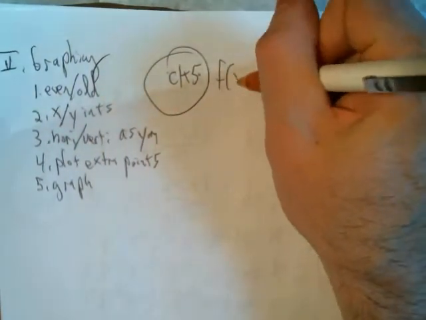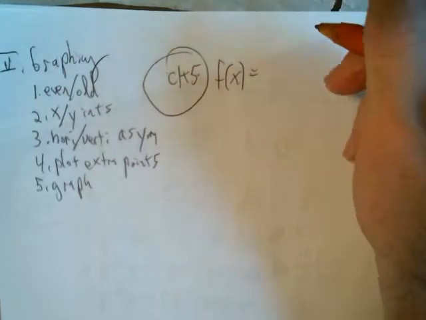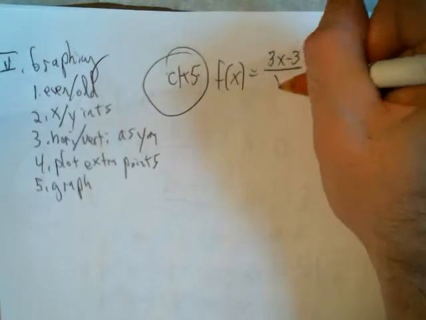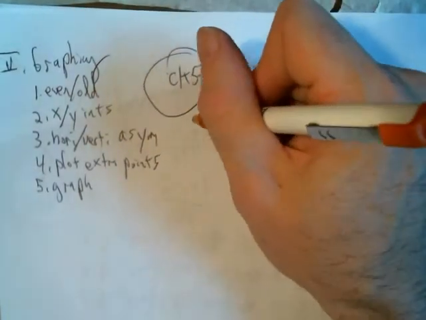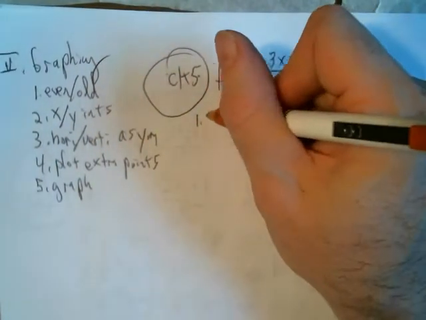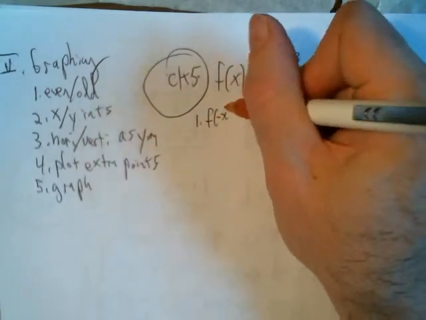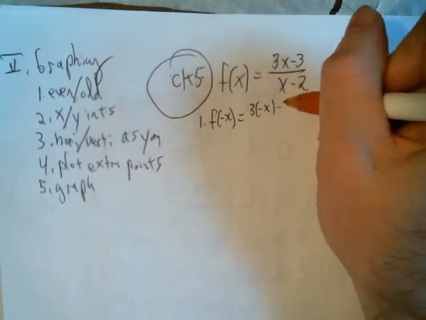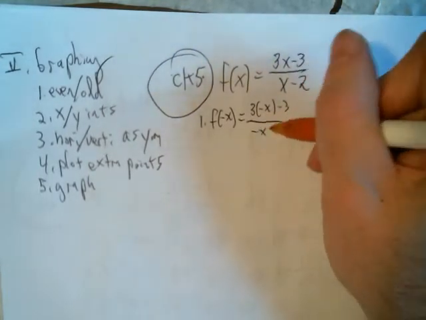We have f of x equaling 3x minus 3 over x minus 2. First, even oddness. So I'm replacing x with negative x. I get 3 times negative x minus 3 all over negative x minus 2.